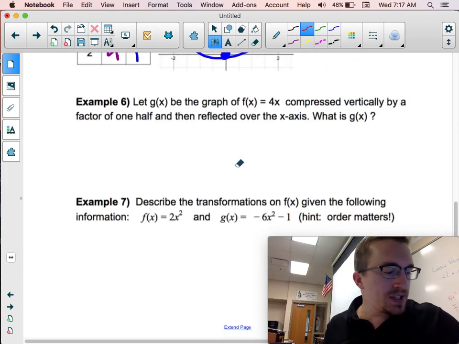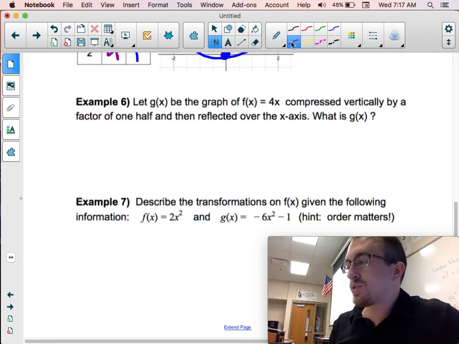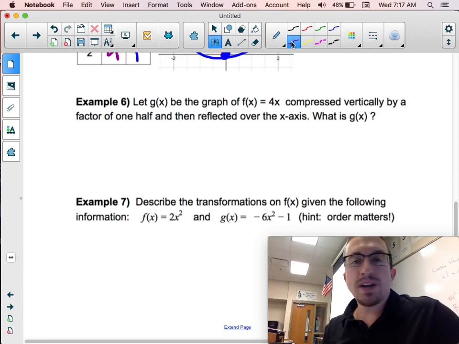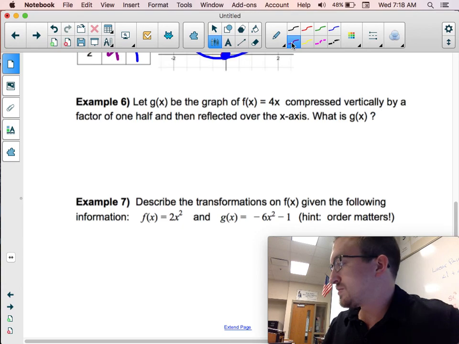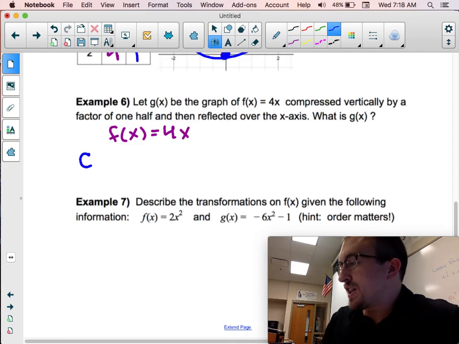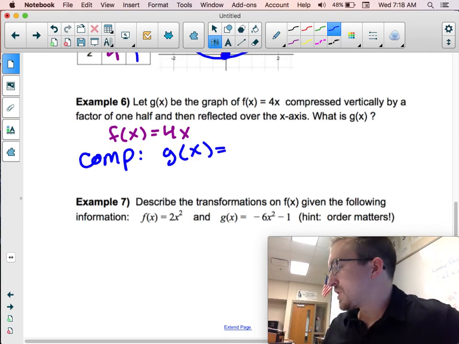Two quick examples here. Let g of x be the graph of f of x equals 4x. Compress this vertically by a factor of 1/2 and then reflect it over the x-axis. What is g of x? Okay, so if f of x is equal to 4x, compressed vertically, let me do the compression first. g of x will be 1/2 times 4x, which is equal to 2x.